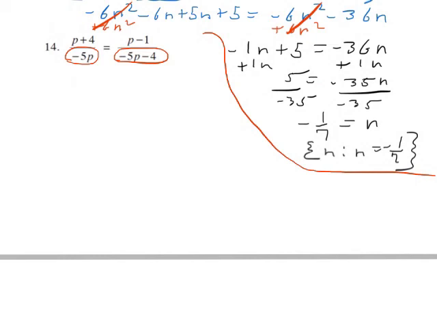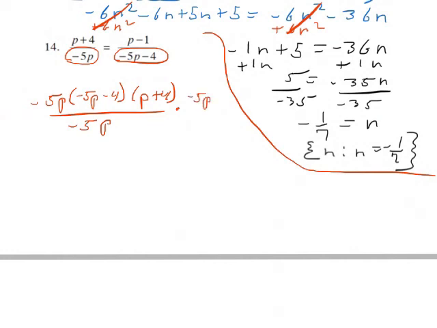I have negative 5p times negative 5p minus 4 times p plus 4 all over top of this negative 5p. And on the other side, I have the same thing. So negative 5p times negative 5p minus 4.